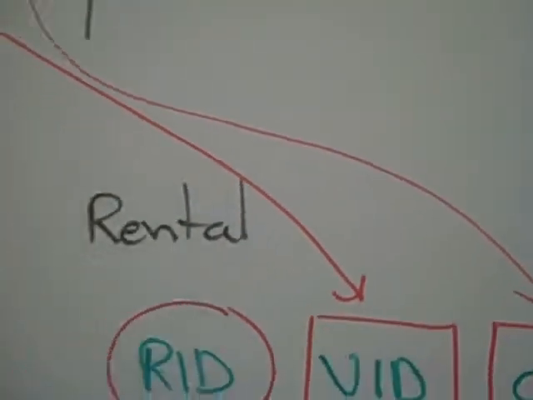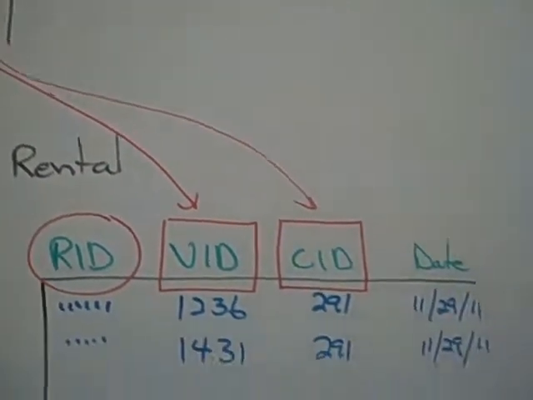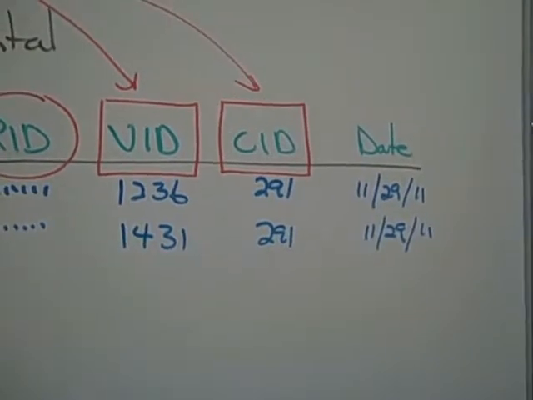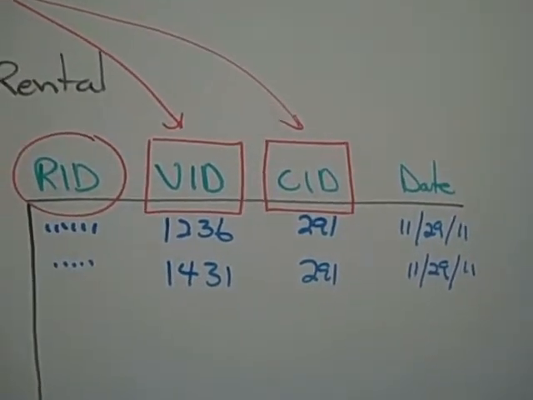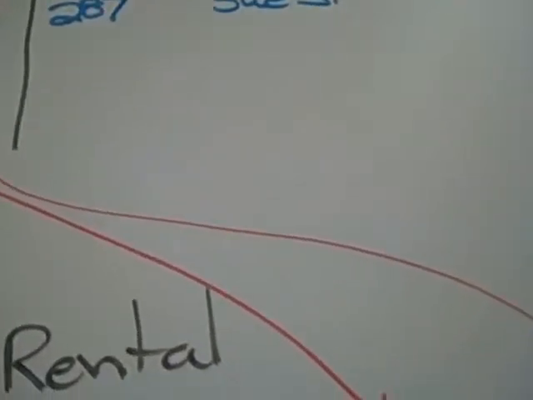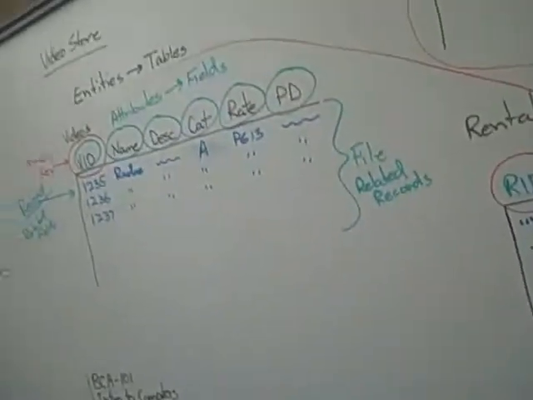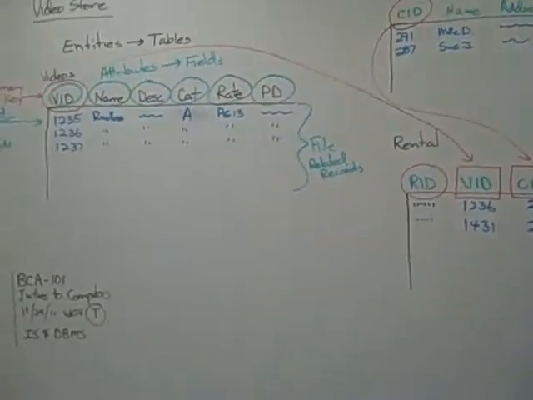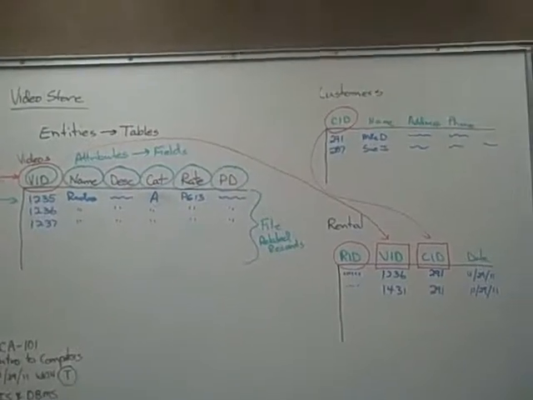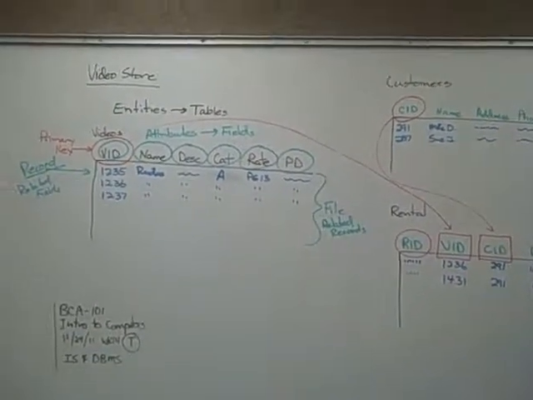So the 291 relates back up here. That's why it's called a relational database. And so we're going to work with relational databases in Access. And that's it for today.